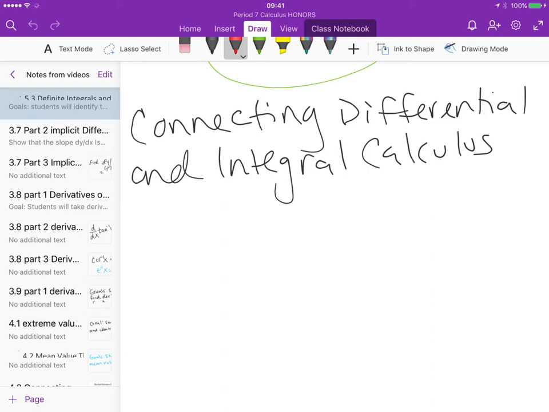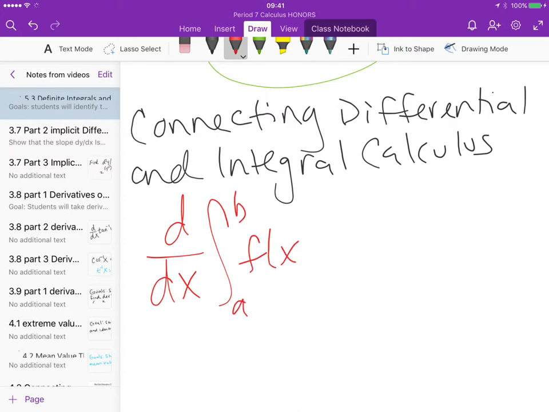So the true connection is that if I took the derivative of the integral, all right, I'm sorry, this is not a, this is not b this time, this is x. If I took the derivative of our particular function that we are dealing with, and let's make sure I identify these right, because I don't want to get confused as to which ones we're dealing with.